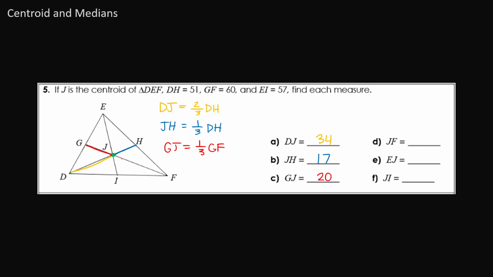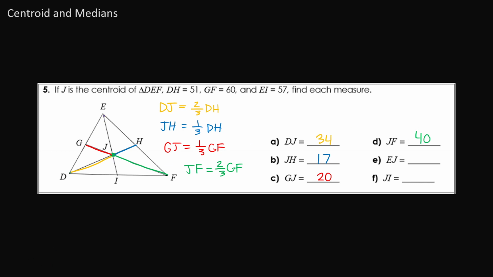To find JF, that's the longer portion of GF, and we know that JF is going to equal 2/3 of GF. So 2/3 of 60, that's going to be 40. And we're getting the idea here. For the next median, we need to find EJ.